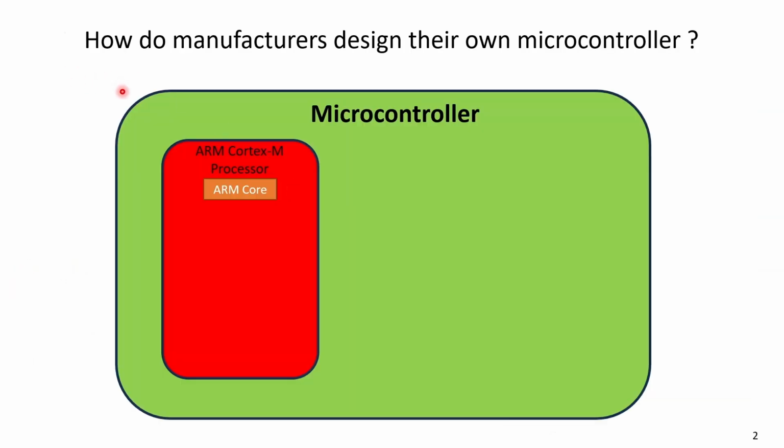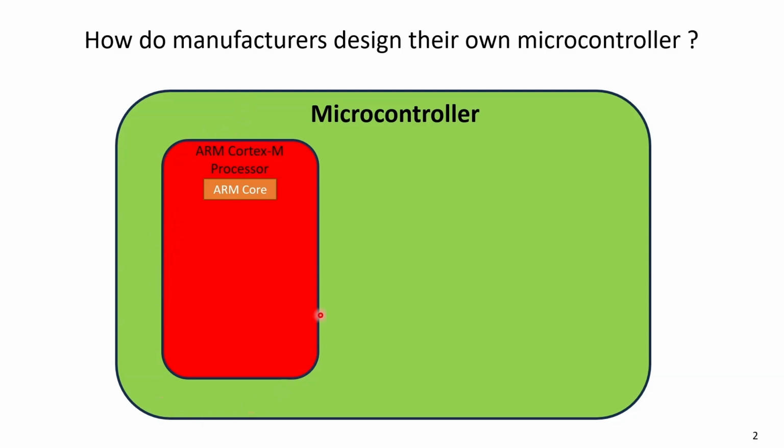So next, we will explore how manufacturers design their own microcontroller. Let me explain in the simplest way. This one is a microcontroller architecture. When a manufacturer designs their own microcontroller, first they receive the ARM mainline processor.